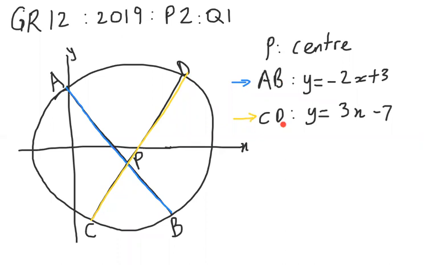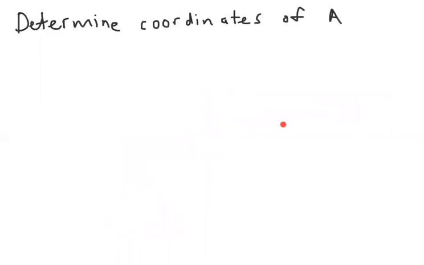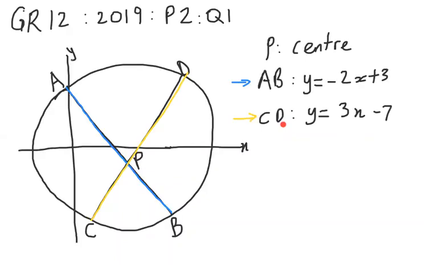All right. So first they want us to determine the coordinates of A. So where's A? Here we have A over here. Let's see how we can approach that. A is a point on AB. Remember, the line AB is given, and A is a point on AB.